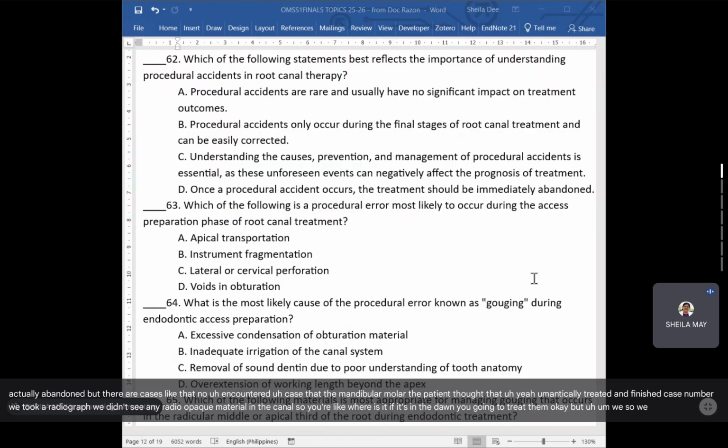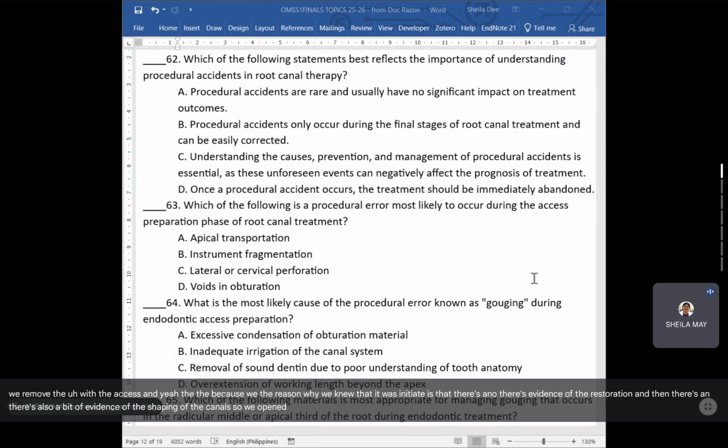We opened it up. We did the access, and the reason why we knew that it was initiated is that there's evidence of the restoration, and then there's also a bit of evidence of the shaping of the canals. Yun lang, walang obturation.